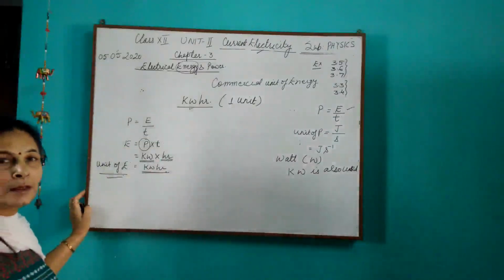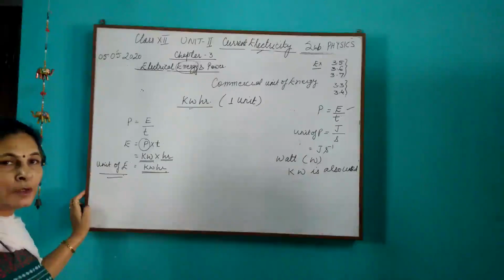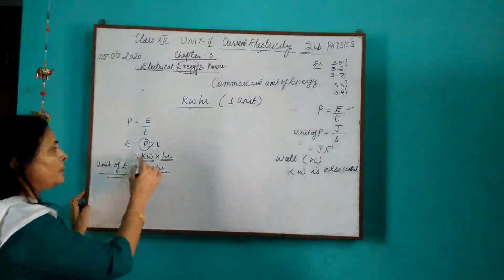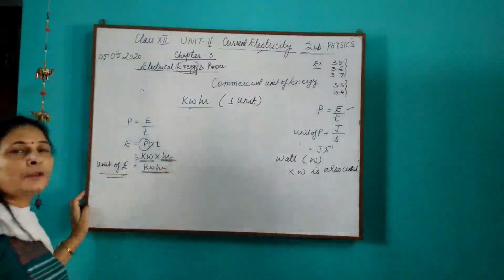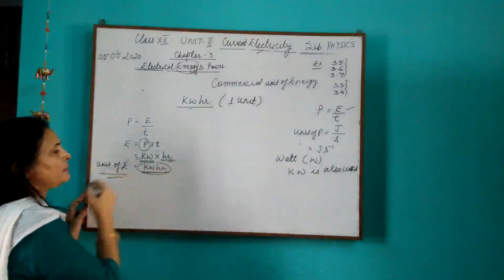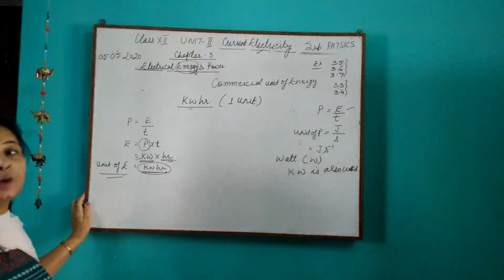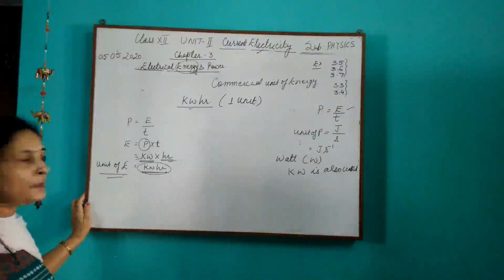Suppose there is a 1 kilowatt, 1000 watt bulb. If you are using it for 1 hour, then 1 kilowatt hour of energy is consumed. And how much is this 1 kilowatt hour in terms of joules?